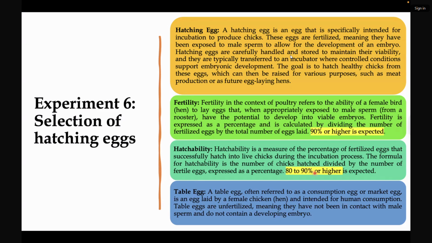Now, for these two kinds of hatchability, 80 to 90% or higher is expected.